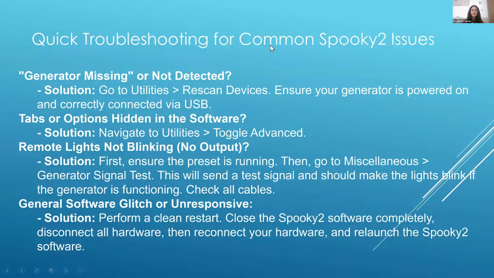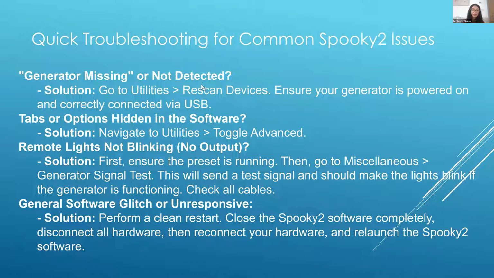Right, just some quick troubleshooting. If you can't find your generator, go to Utilities, called Utils in the software, and click Rescan Devices. Ensure that all your connections are connected properly to the computer.